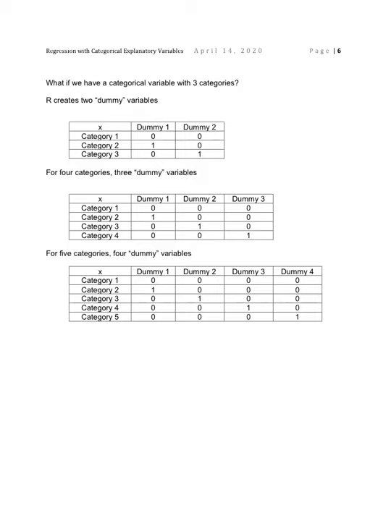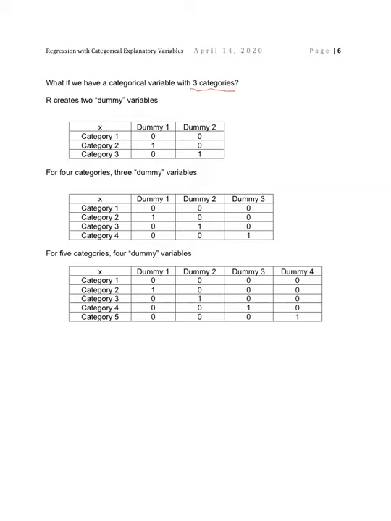But what if we have a categorical variable with 3 categories? So what's going to happen if there's 3 categories is that R is going to create 2 of those dummy variables. So instead of just the 0, 1 variable, there's going to be 2 0, 1 variables. So for category 1, both of those variables will be coded as 0.